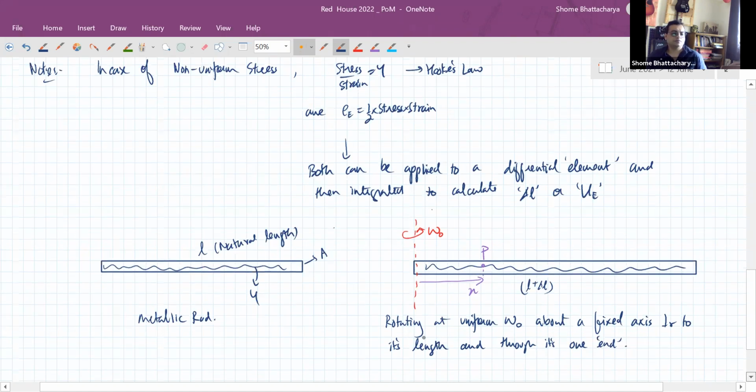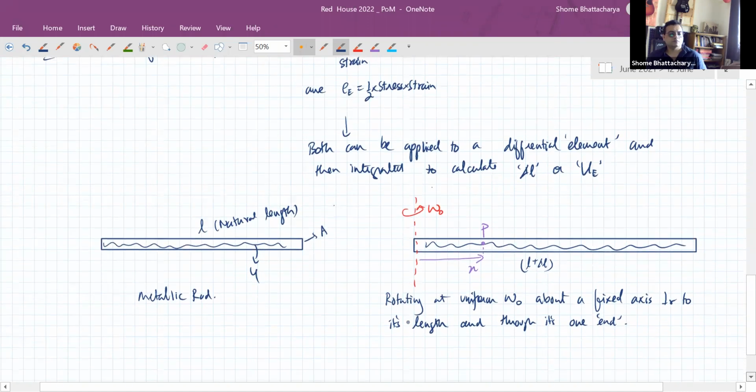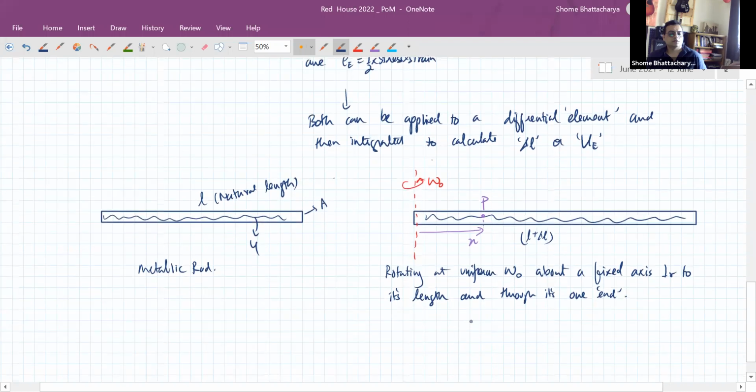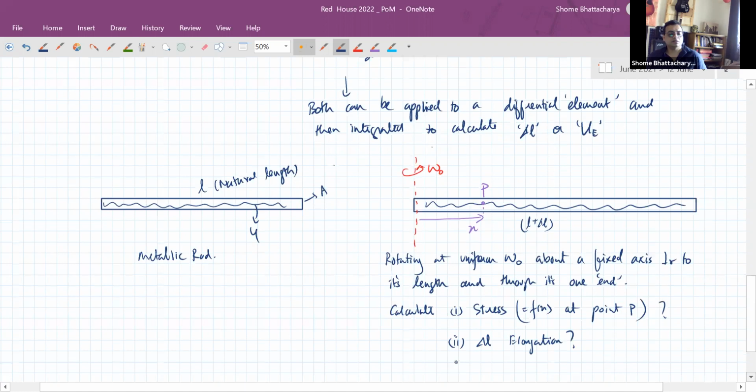Now we want to calculate stress as a function of x at the point P. Then we want to calculate the elongation. And we want to calculate the elastic potential energy.